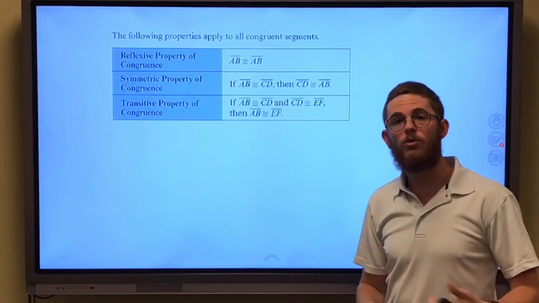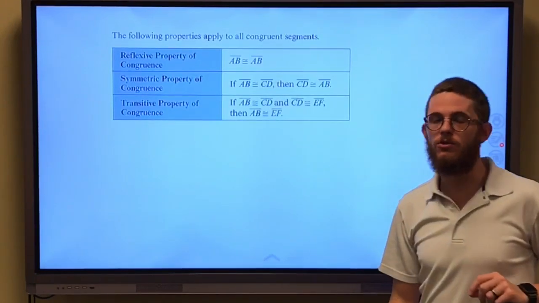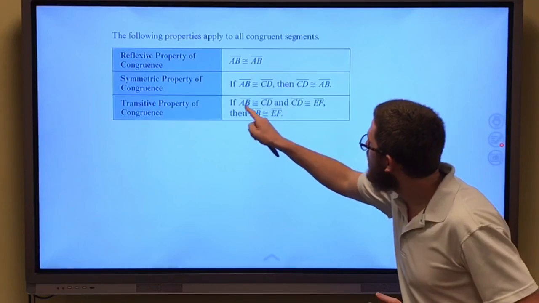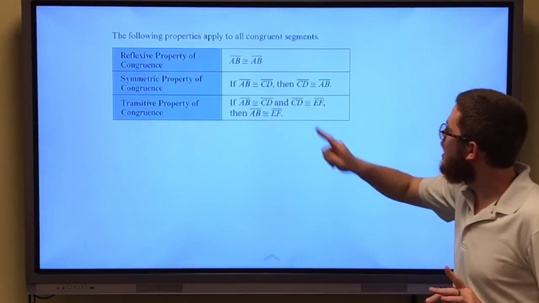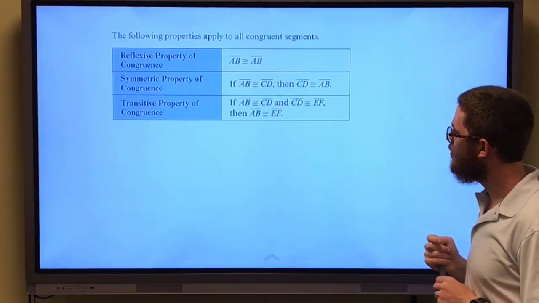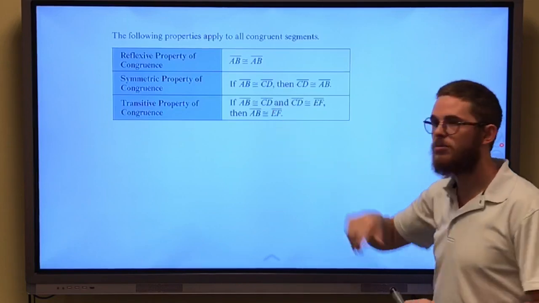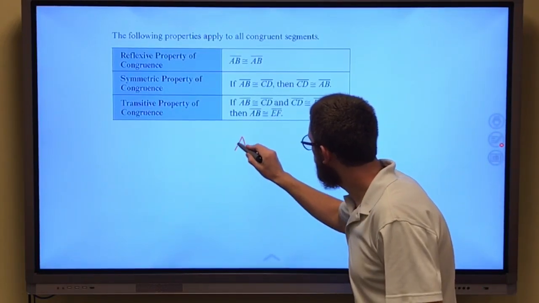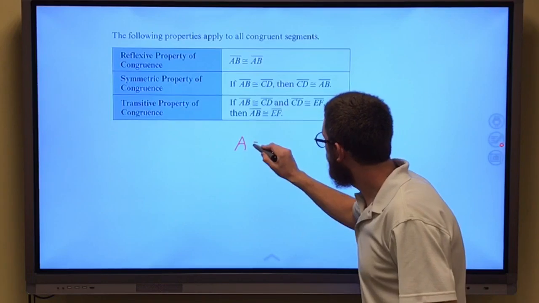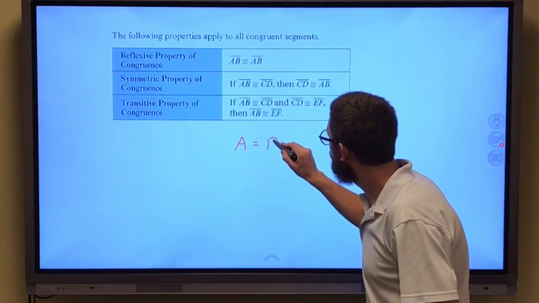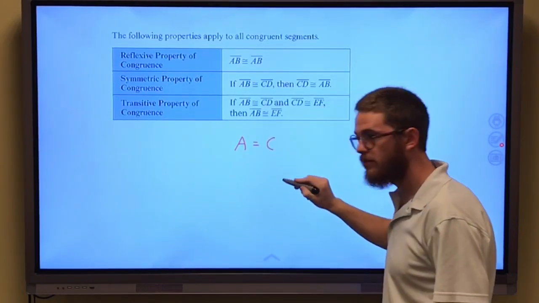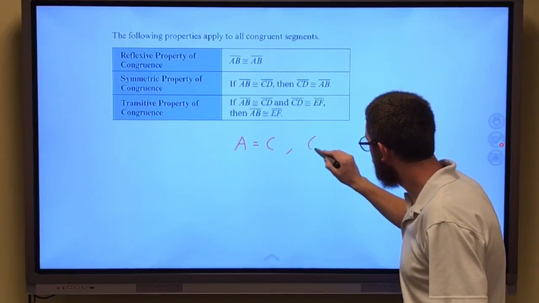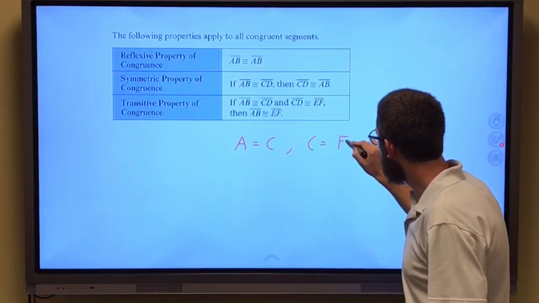And finally, the transitive property, which may be the most useful here. If AB is congruent to CD, and CD is congruent to EF, then AB must be congruent to EF. So think about this more simply. If A is equal to C, and you also know that C is congruent to E, or equal.